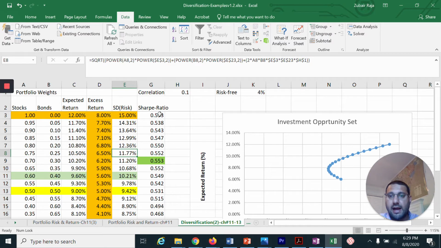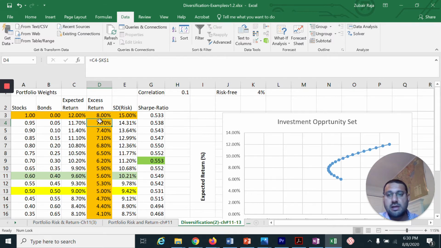And finally, I calculated the Sharpe ratio. Remember, while doing this, the correlation which we have considered is 0.1, and we need the risk-free rate in order to find the Sharpe ratio. So the numerator is the excess return. Whatever the expected return of the portfolio is, you have to subtract the risk-free rate from it.